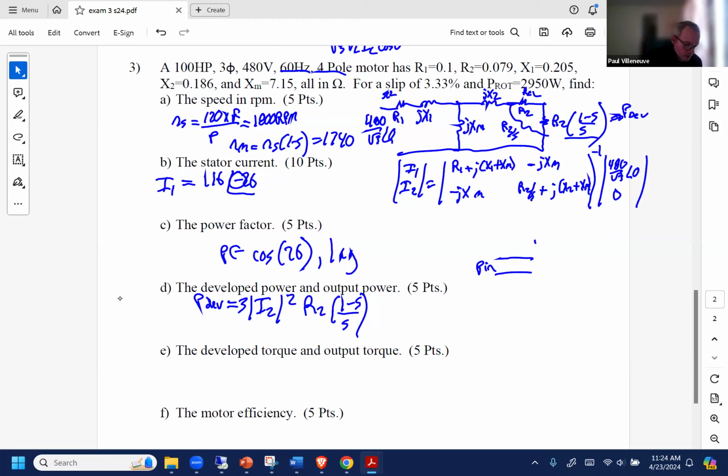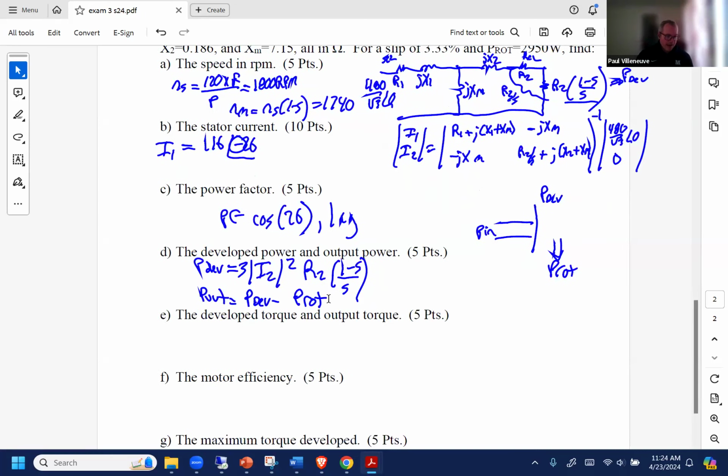The only power now that I need to remove is any rotational losses, any friction and windage. So P out is equal to P developed minus P rotation. Okay.